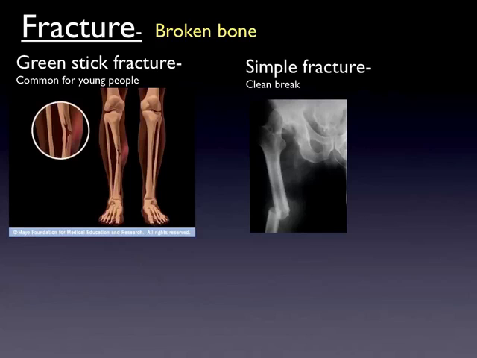If a person has a fracture, when they go to the doctor, what does the doctor have to do first? They wouldn't put on a cast right away, because what's the problem? It's not lined up. The bones are not aligned, so they're not going to have strength there. If the bone heals unaligned, the legs will be different lengths and the person is not going to be able to walk properly.